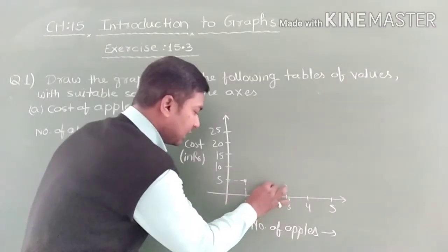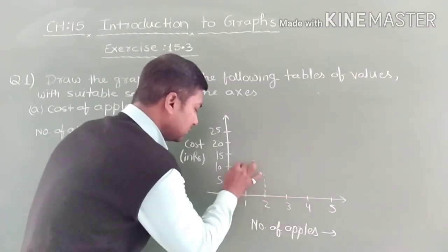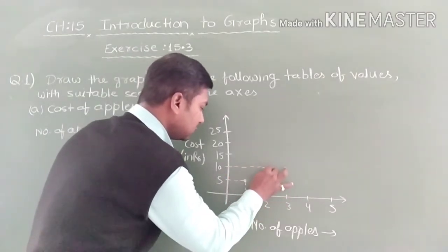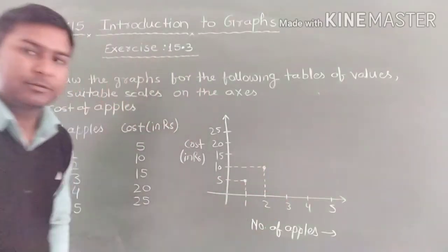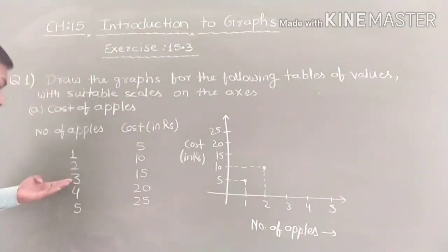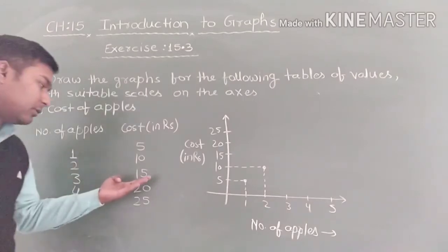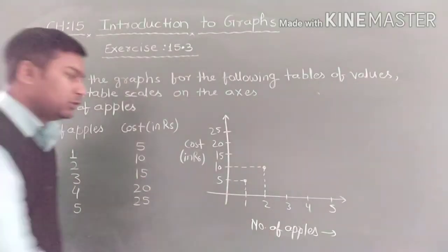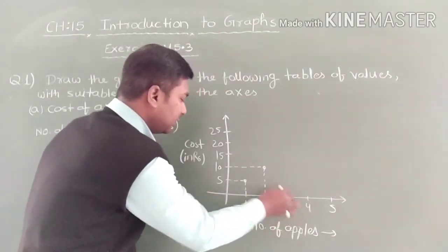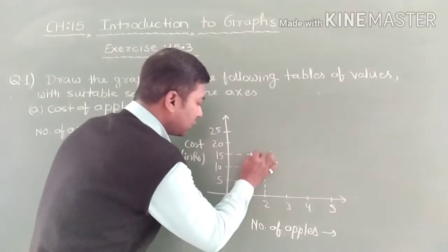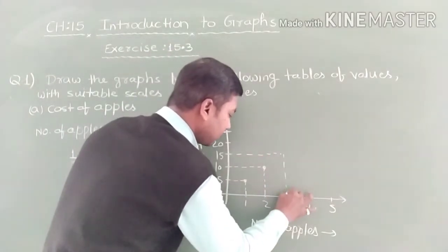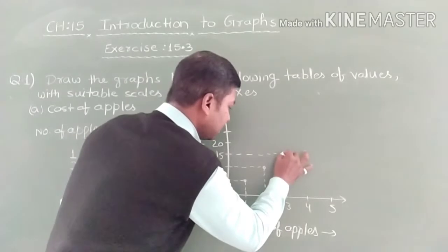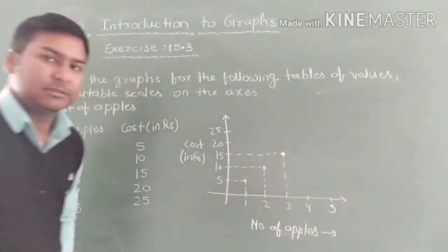So we can draw a dotted line here. Now this point is 2, 10. Similarly, number of apples 3 and cost is 15 rupees. So just draw a dotted line. So this one is 3, 15.